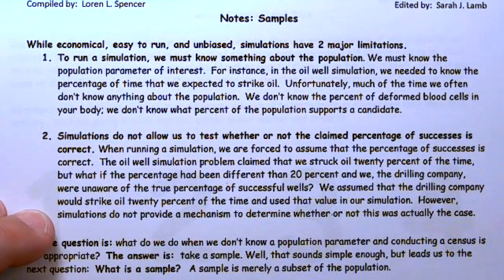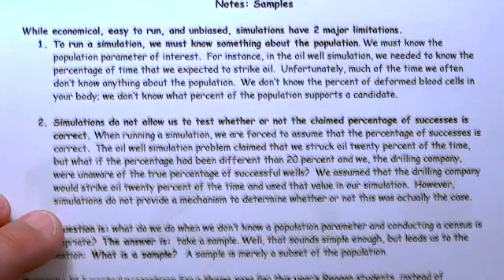For instance, we don't know the percent of deformed blood cells in your body. And as a result, we would need to take a sample of your blood. We don't know what percent of the population supports a specific candidate. So once again, we have to take a survey, a sample survey, to estimate that.